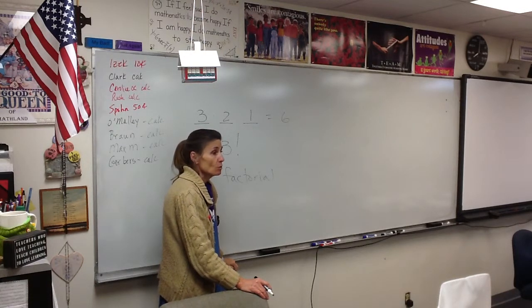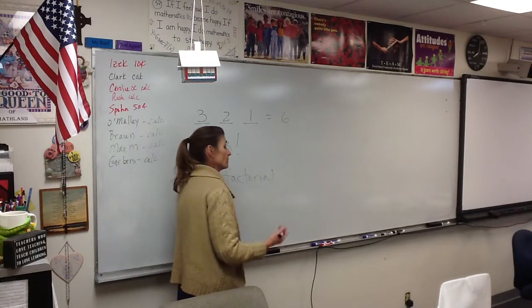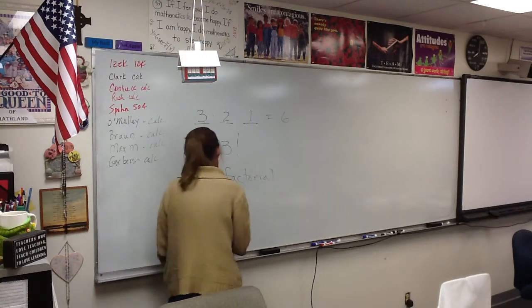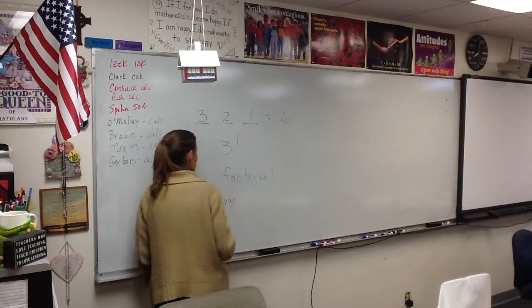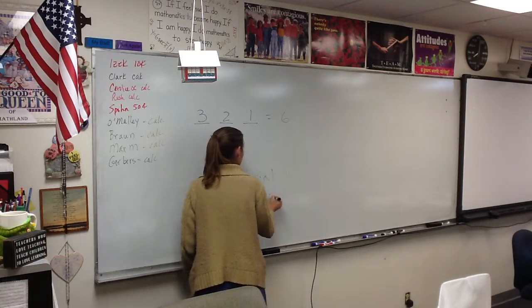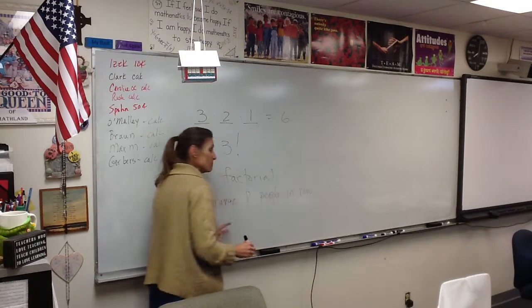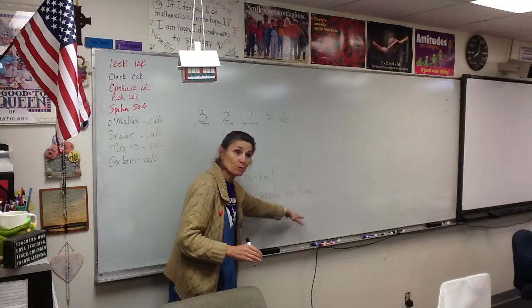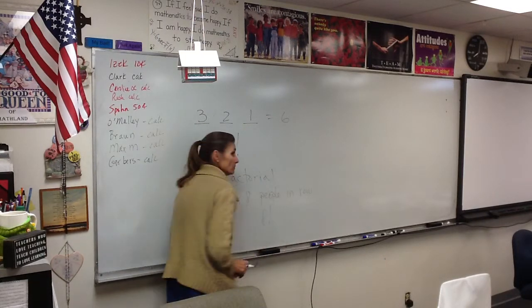Okay, so let's suppose we're going to arrange 8 people in a row, not 3 like we did up here. Would you agree that that would be 8 blanks and 8, 7, 6, 5, 4, 3, 2, 1? But I don't want to write all that out, so I'm just going to say 8 factorial.